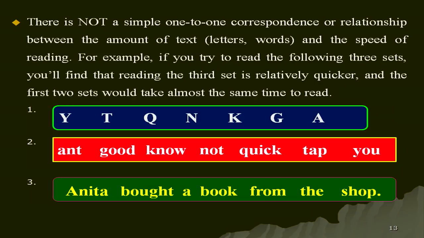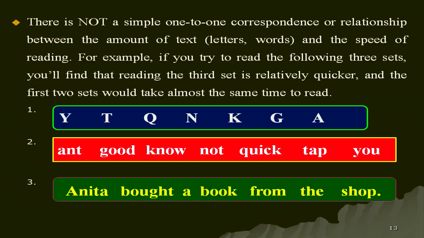But in the third example, where we have a sentence, although the words are 7, they constitute only 3 sense units. Anita, then bought a book, and from the shop. So it has smaller sense units, and those also make bigger sense units.